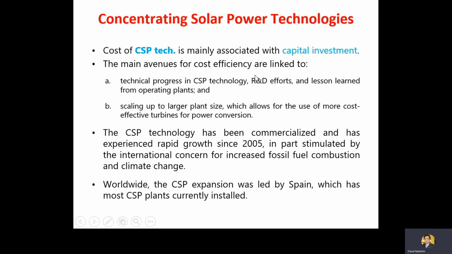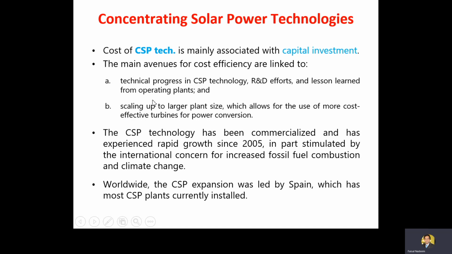The main avenues for cost efficiency are linked to technical progress in CSP technology, R&D effort, and lessons learned from operating plants. Secondly, scaling up to larger plant size allows for the use of more cost-effective turbines for power conversion.